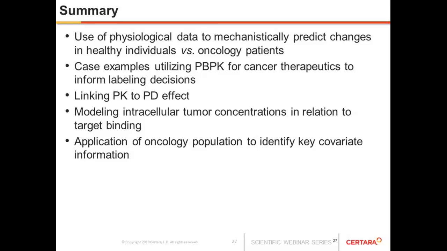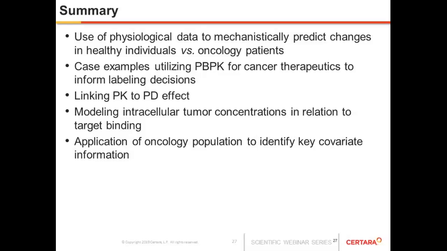So just to summarize, I've gone over some of the use of physiological data and how we can use that to build PBPK models for healthy individuals versus oncology patients. Looking at case examples using PBPK in oncology in terms of informing drug labeling decisions.